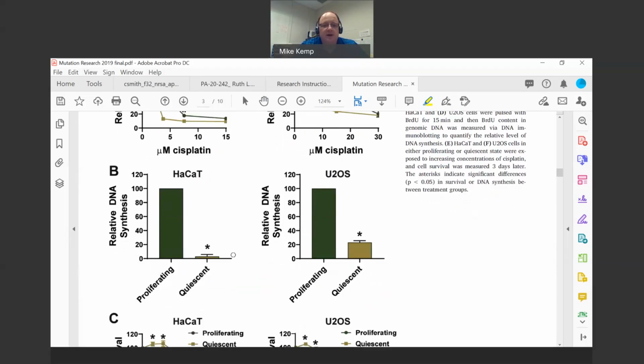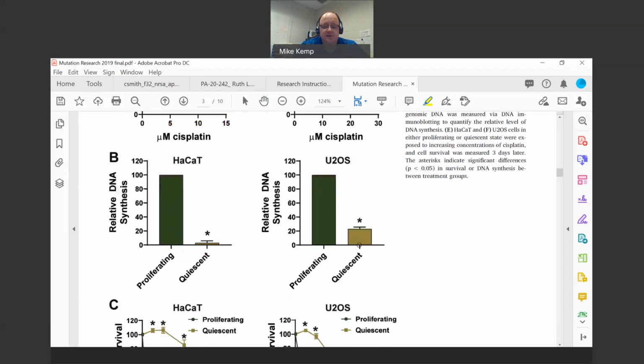And we can detect that by microscopy, or in this case, what we did was immuno-dot blotting, where we purified the genomic DNA after that labeling, spotted it on a membrane, and used an antibody against BrdU to detect that BrdU incorporation. And if we look at it, particularly in the HaCaT cells in comparison to the proliferating cells, there's very little, essentially no DNA synthesis taking place in these quiescent cells. In U2OS cells, it's down still about 5-fold or so. So it does significantly reduce the amount of DNA synthesis taking place in these cells.